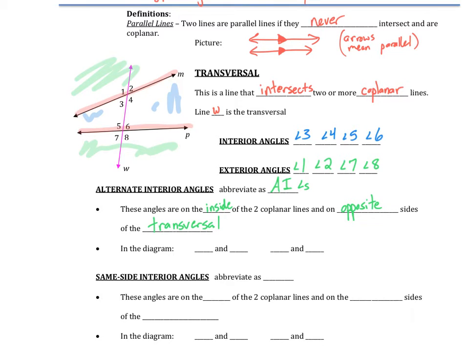So if you look at the picture above, angle 3 is on the inside, and on the opposite side of the pink line, the opposite side of the inside would be 6. Those are alternate interior angles. So angle 3 and angle 6. Another pair would be angle 4 and angle 5.